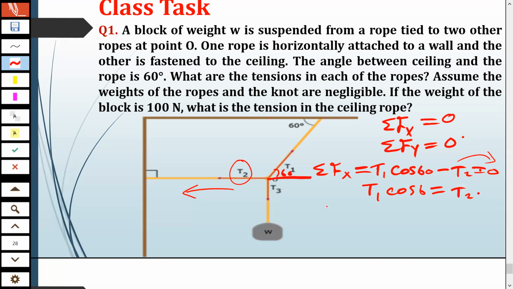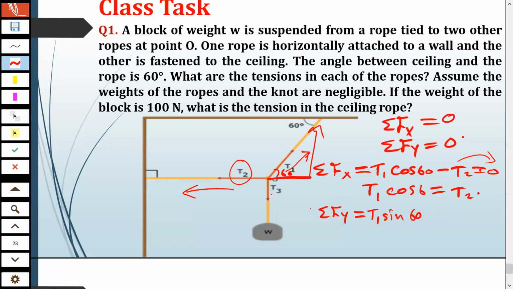So let us also find the summation of forces in the y. We have the component of T1 in the y. The opposite side of 60 is the y component there, meaning we're using sine. So we're going to say T1 sine 60 degrees.